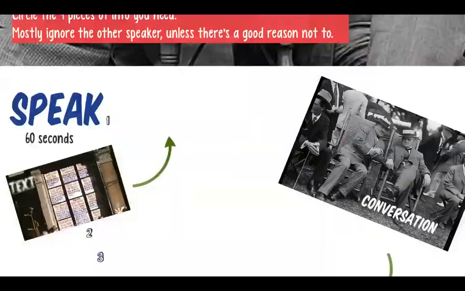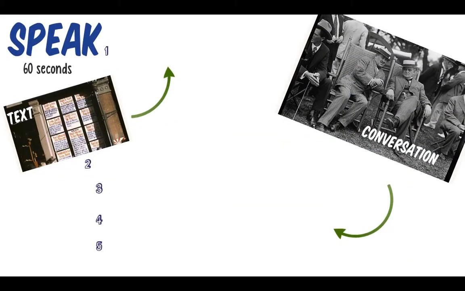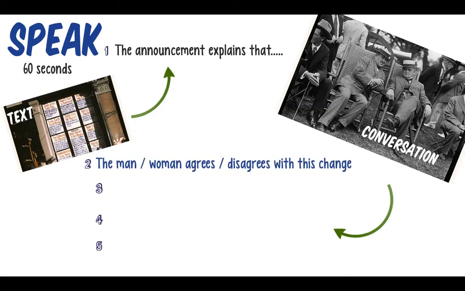Okay, so now when you're speaking, like with all speaking items on the TOEFL, you're going to have a script. Here you're going to basically have 5 things that you say. The first thing is, the announcement explains something. So the main topic of the announcement. Second thing, the man or woman agrees or disagrees with this change and gives many reasons for agreeing or disagreeing.